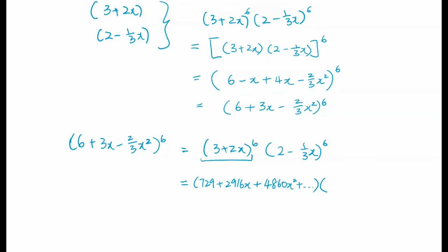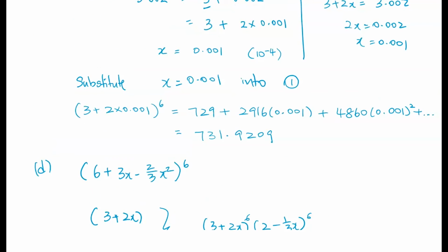The other one is 64 minus 64x plus 80 over 3 x squared plus dot dot dot. This is from part A and part B.